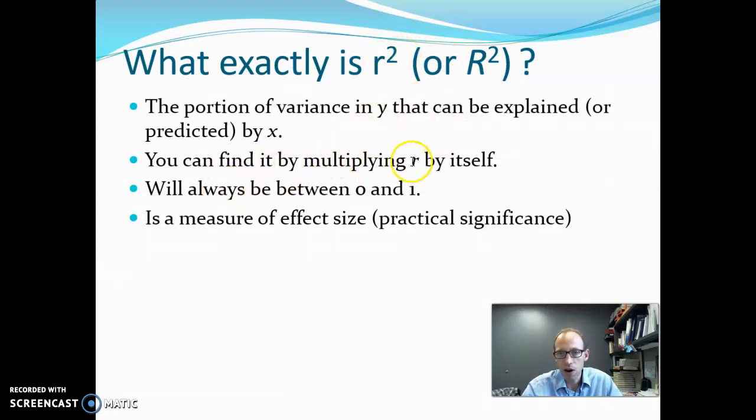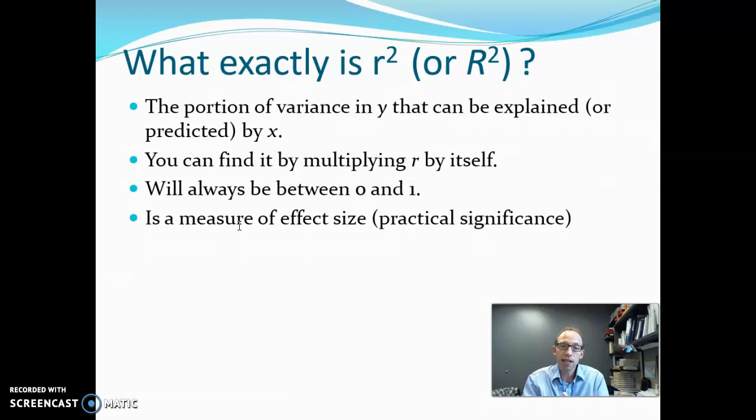Because R is between -1 and 1, any of those values, when you square them, will take on a positive value. And so the R squared value will always be between 0 and 1. And we call it a measure of effect size, practical significance. Now, this is going to take on a lot more meaning here in a couple weeks.